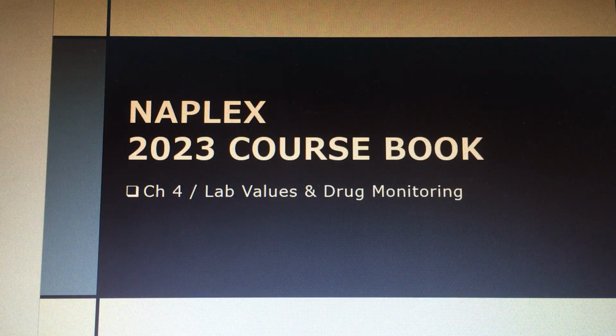The peak level is the highest concentration in the blood a drug will reach. It requires time for the drug to distribute to the body's tissues. The trough level is the lowest concentration a drug will reach in the blood and is drawn right before the next dose or some short period of time before the next dose.